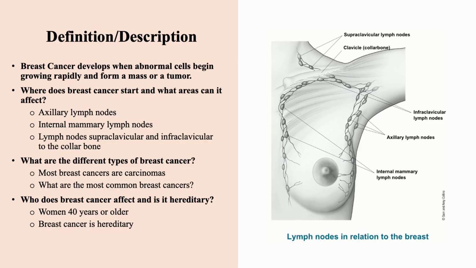What these genes do is help restore DNA and protect the body from cancer. But if these genes are mutated, they don't do that, which increases the risk of breast cancer.